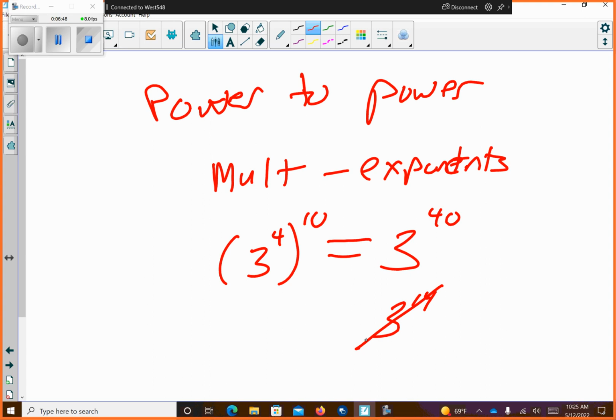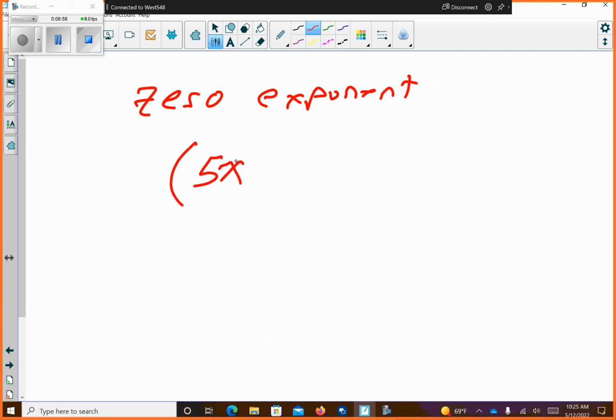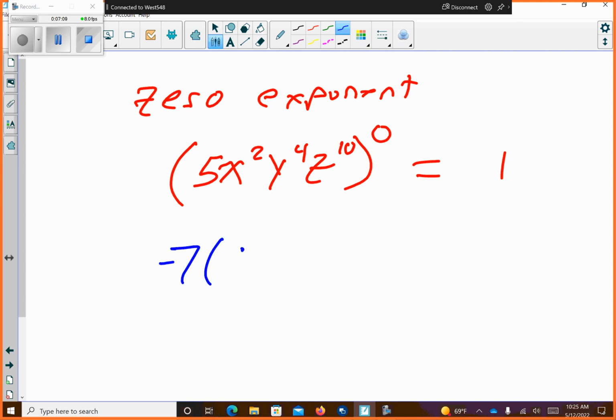Okay, you also know when you have the 0 exponent, we talked about this yesterday as well. The ideal question is the one that's like this. This answer becomes 1. But what happens if we have this outside?